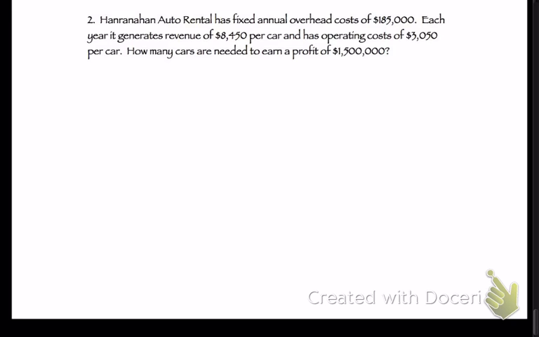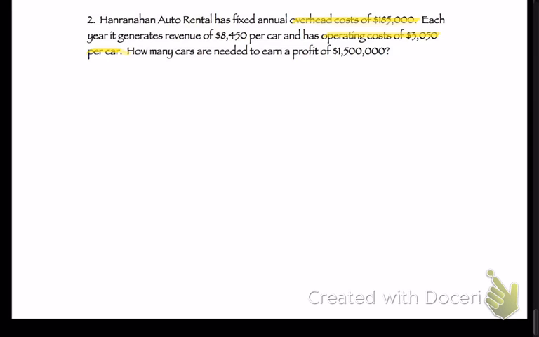So I'm thinking about, it says the word profit, I know I have to use cost and revenue somehow, so I'm going to try to write those two functions. So let's start with the cost function first of all. I see cost function, I got overhead costs of 185,000, and it looks like I have operating costs of 3,050 per car.